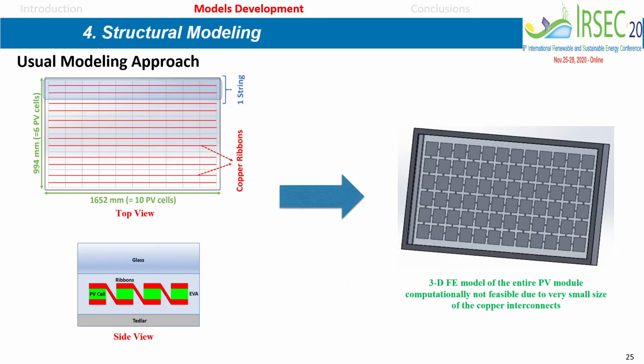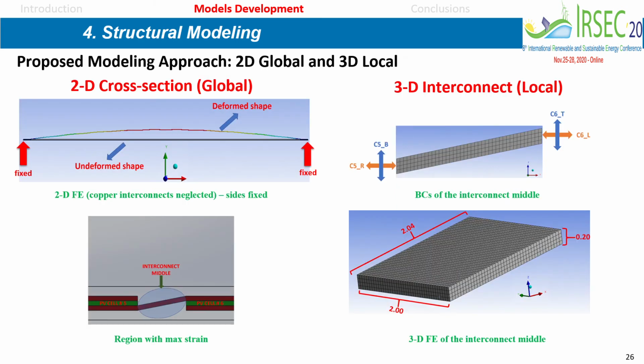So let's go back to here. We used one string only rather than the entire panel, and we simulated this one string in 2D, and from that we were able to see where the maximum stresses or maximum deflection actually occur.